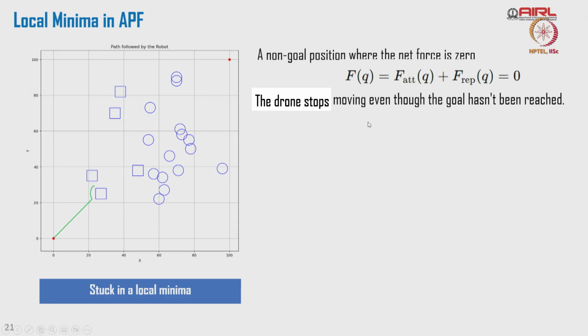Which means the drone stops moving even though the goal hasn't been reached. You see here I started at this particular point and started moving. Due to the cluttered nature, the resultant force at this position is 0 and the drone gets stuck, even though my goal position is somewhere on the top right hand side corner.